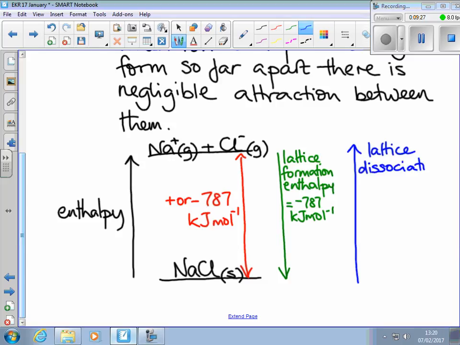Dissociation enthalpy. And that's our positive one then. If you look at the way the arrows go, that's just telling you whether they're negative or positive. Coming down the board, it's going to be negative. Going up the board, it's positive. So hopefully, so far, that's reasonably straightforward.